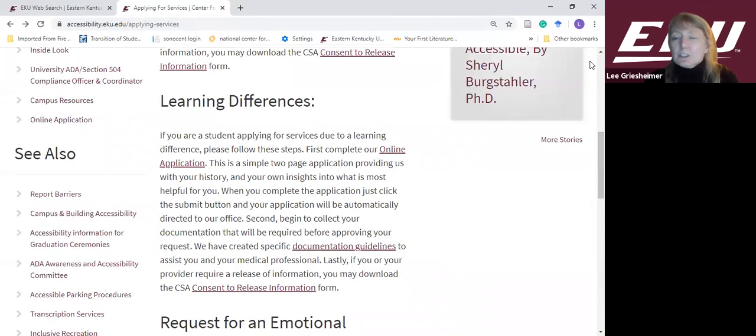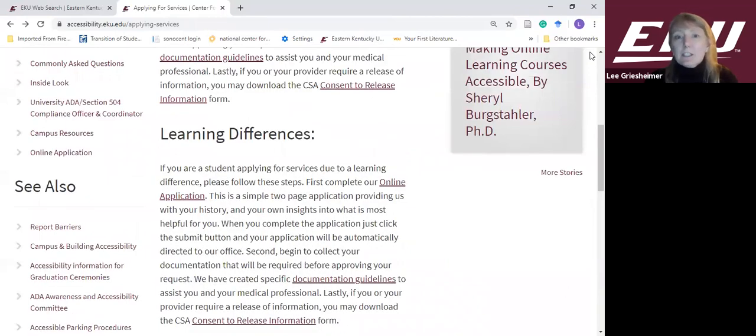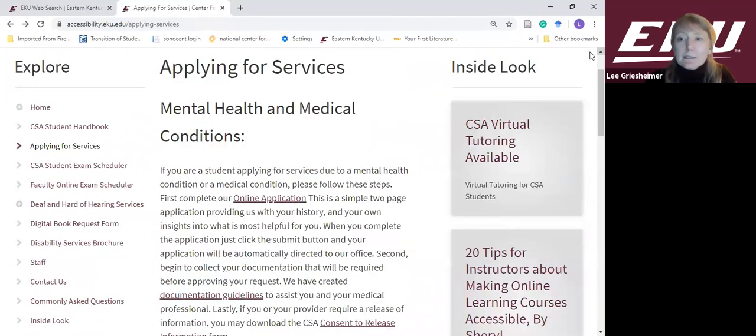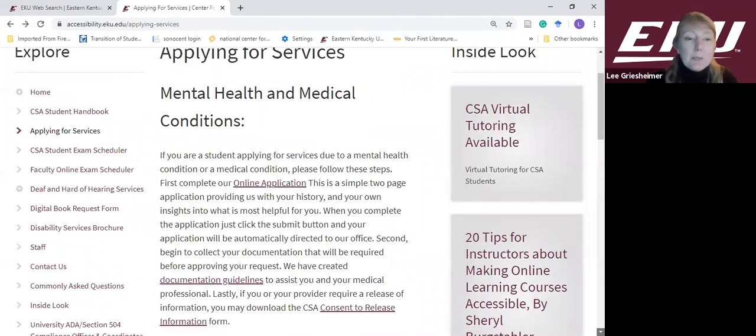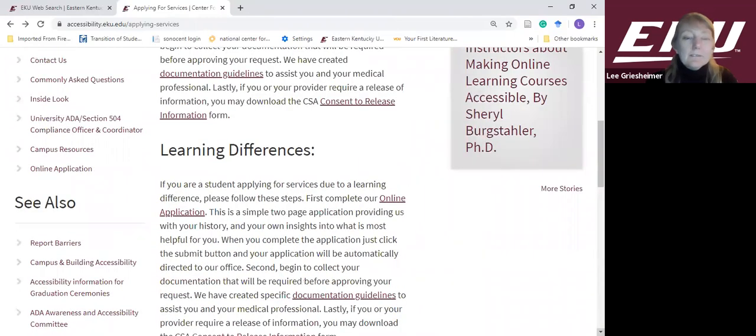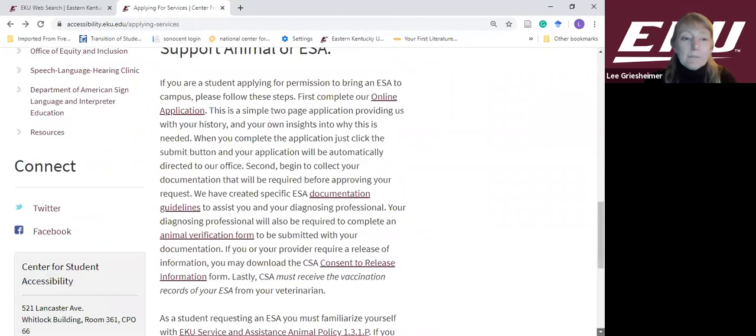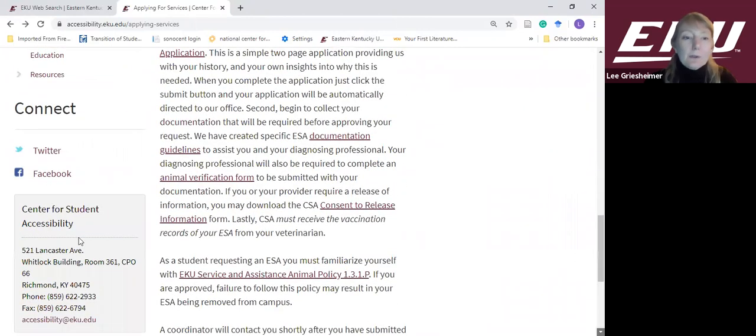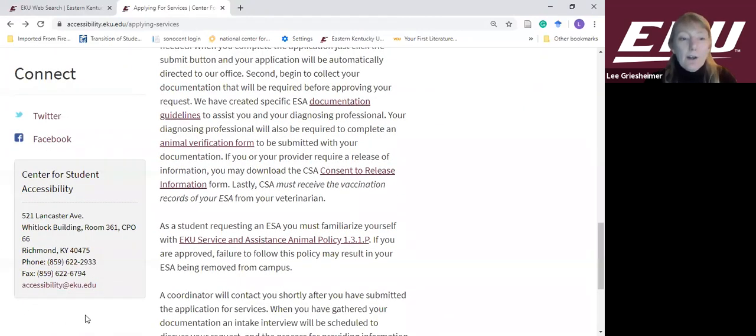So if you have any questions about your documentation, the best thing to do is basically just send us your documentation. Send it to our office inbox, which you can find at the bottom left-hand corner of the page.